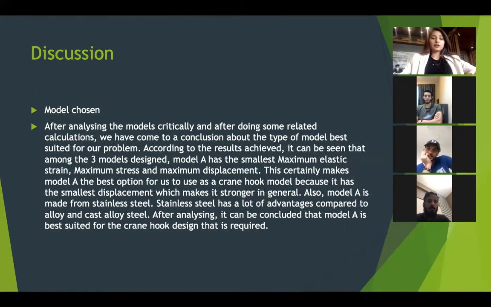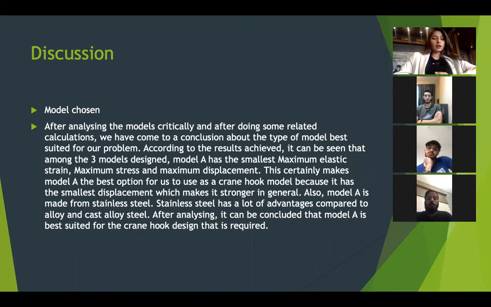So for us, I think the model chosen would be model A, because it has the smallest change in length, the smallest displacement, which is very important to us when it comes to a crane hook, because the displacement affects the stress, the strain, and the fatigue, and the failure of the crane hook.